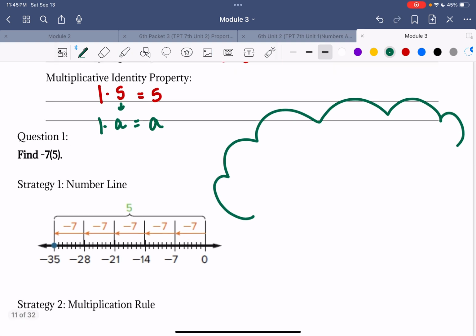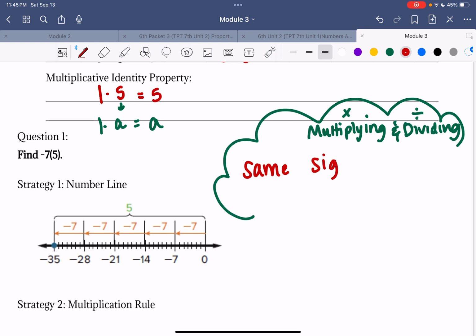So multiply and dividing rules are super easy. If you have the same signs that you're multiplying, then it's always going to be positive.